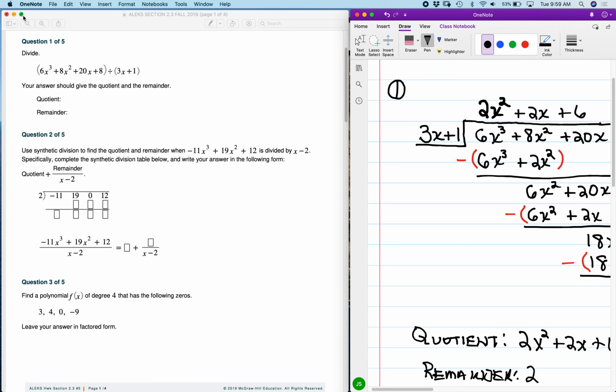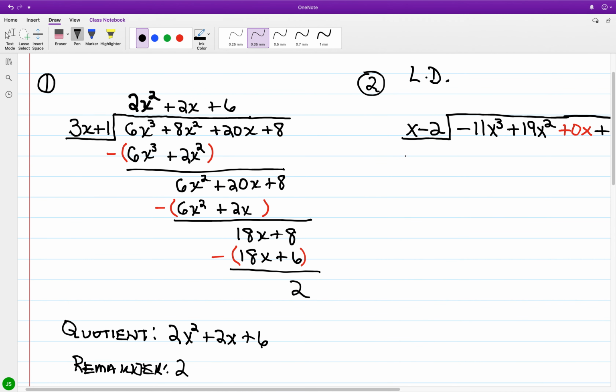For problem number 2, it says to use synthetic division to solve the following problem. I'm going to put what I have in terms of long division just to give you a visual. Now, on the worksheet you already had the synthetic division set up, but just some things to mention.